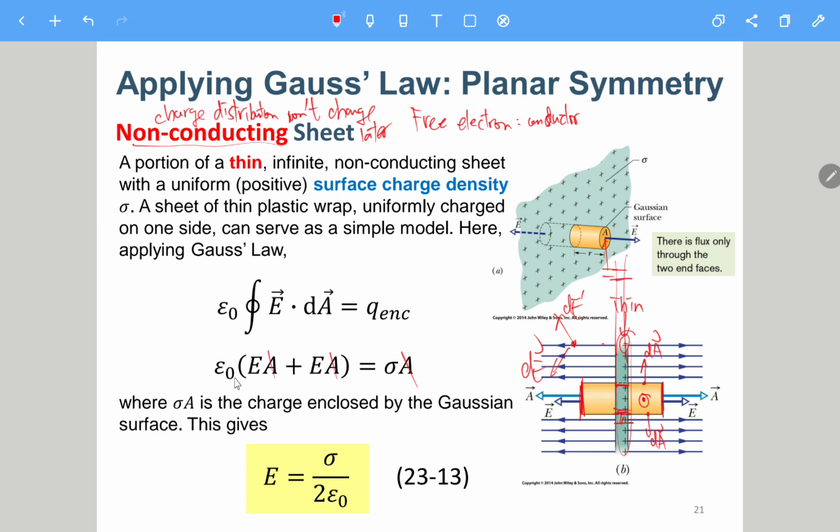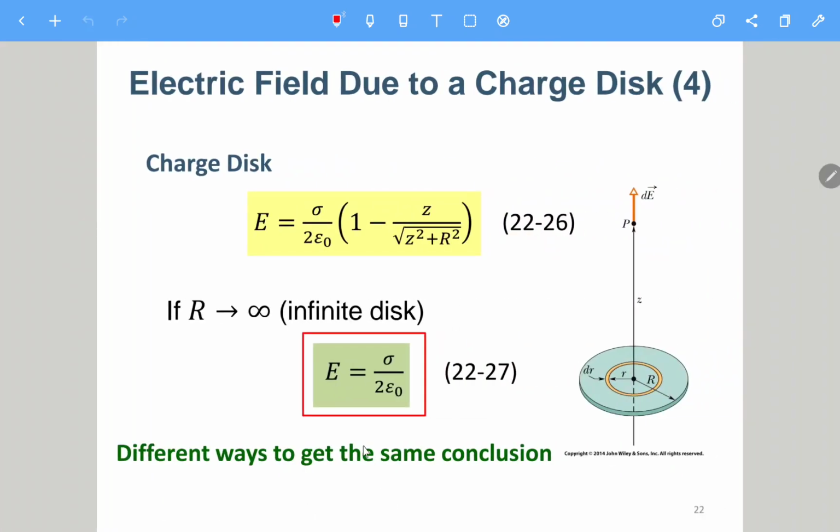So on the left side is 2 times epsilon naught times E, and then we move 2 epsilon naught to the right side. So finally we have E equals sigma over 2 epsilon naught. So which matches this one, because they are the same thing.